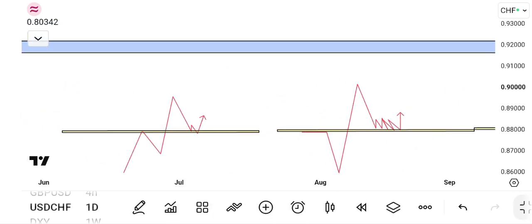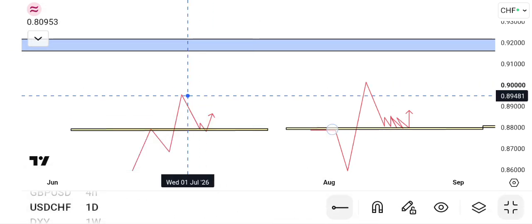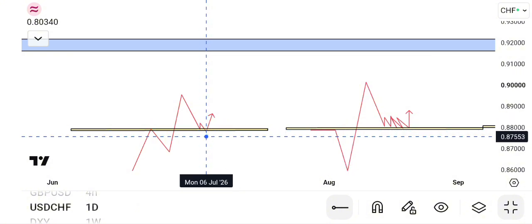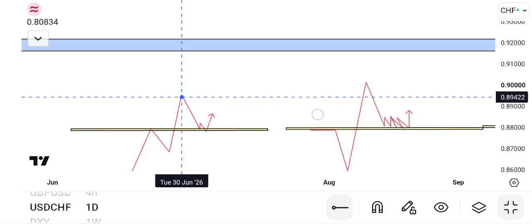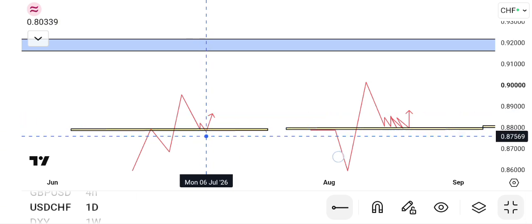So when you see something like this, the pullback should look something like this. What you should be expecting, a what? A weak rejection. Now, watch when this thing works. It works on the daily and the 4 hour. If the pullback is looking like this on the daily time frame, then you should either scale to the 4 hour to check for weak rejections or the daily time frame also.